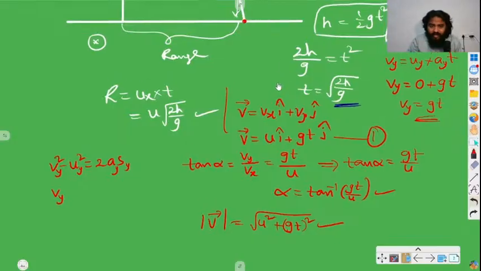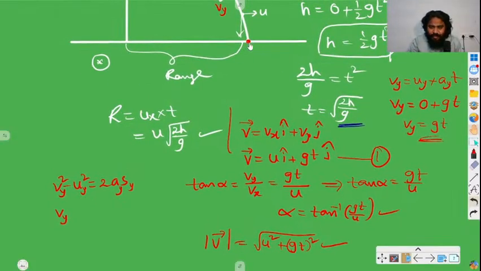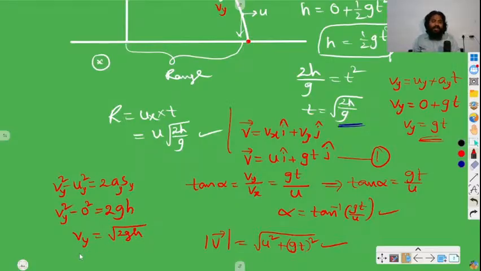Okay, don't forget that. What is vy? At this point the velocity, right? So vy square is equal to vy minus 0 square, right? I told you, uy is equal to 0, and next 2gh. So vy is equal to root 2gh, right? And vy square is nothing but 2gh.